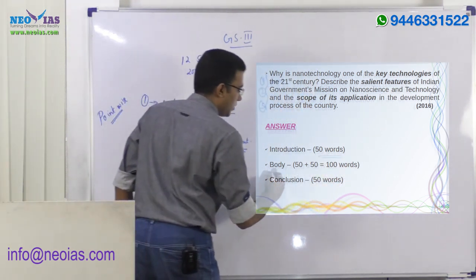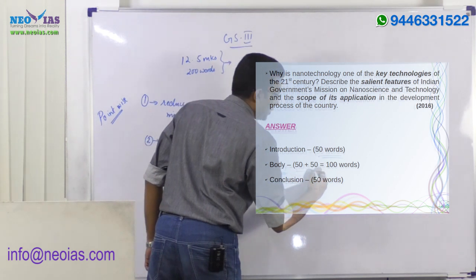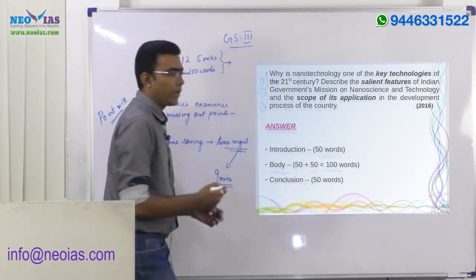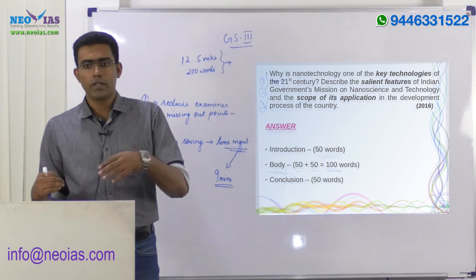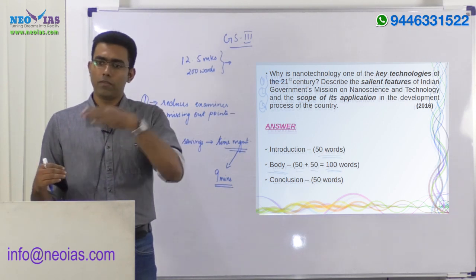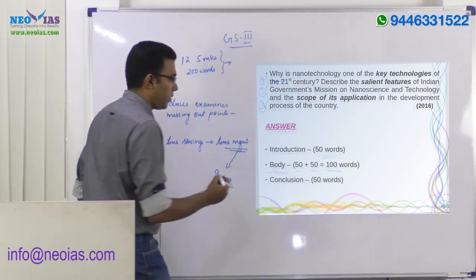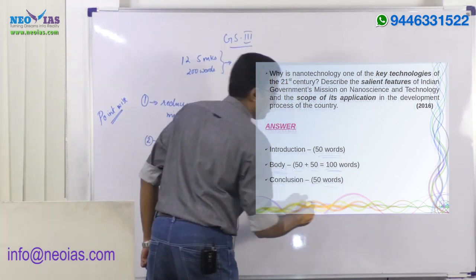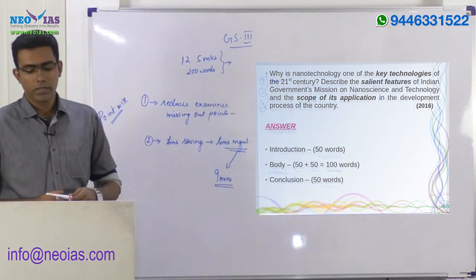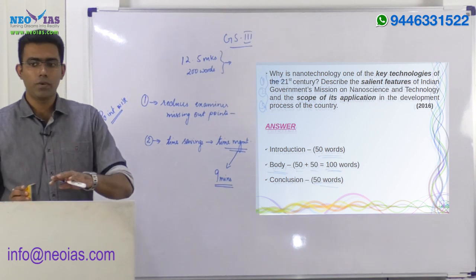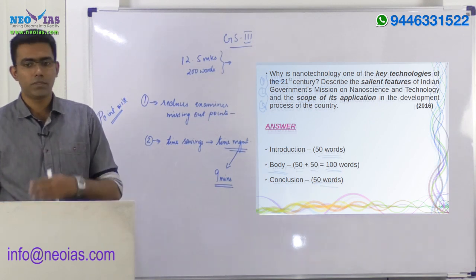The body part, which is the most important part, you can give 50 plus 50, that is 100 words. That is, you can split this 100 words into 2, that is 50 words in one para and 50 words in another para. The third one is the conclusion, that is 50 words. So these are the main aspects that you need to keep in mind before you write an answer for science and technology.